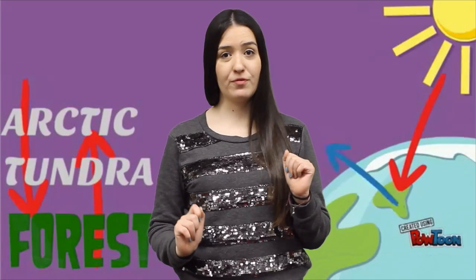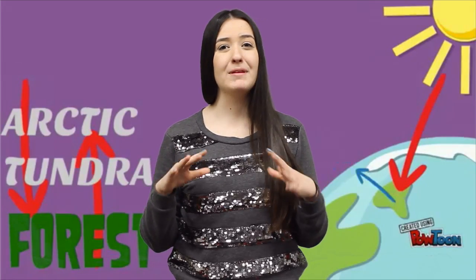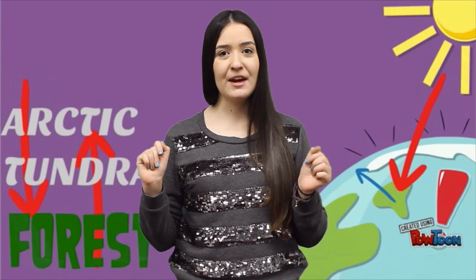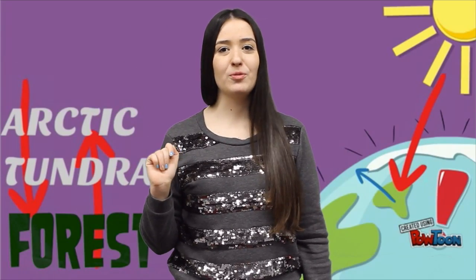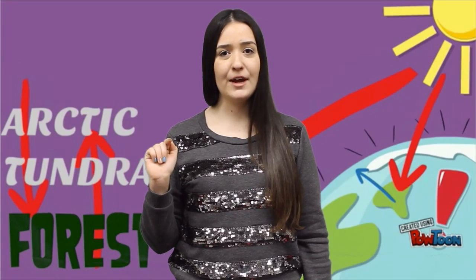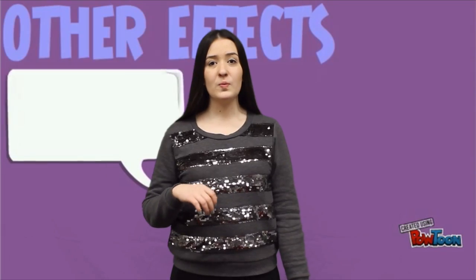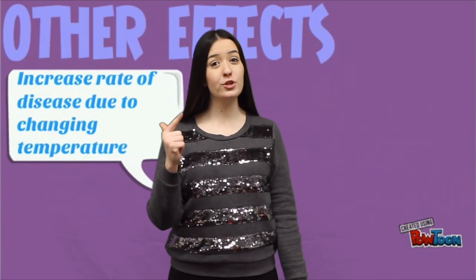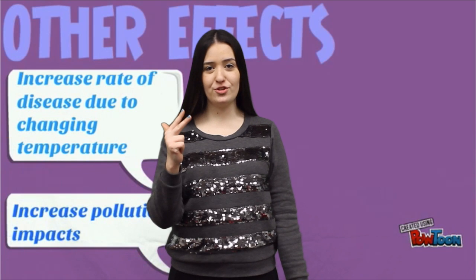The projected reduction in tundra and expansion of forest will cause a decrease in surface reflectivity, amplifying global warming because the newly forested areas are darker and more textured, and thus will absorb more solar radiation than the lighter, smoother tundra. Other effects include increased rate of disease due to changing temperatures, increased pollution impacts, increased competition among species.